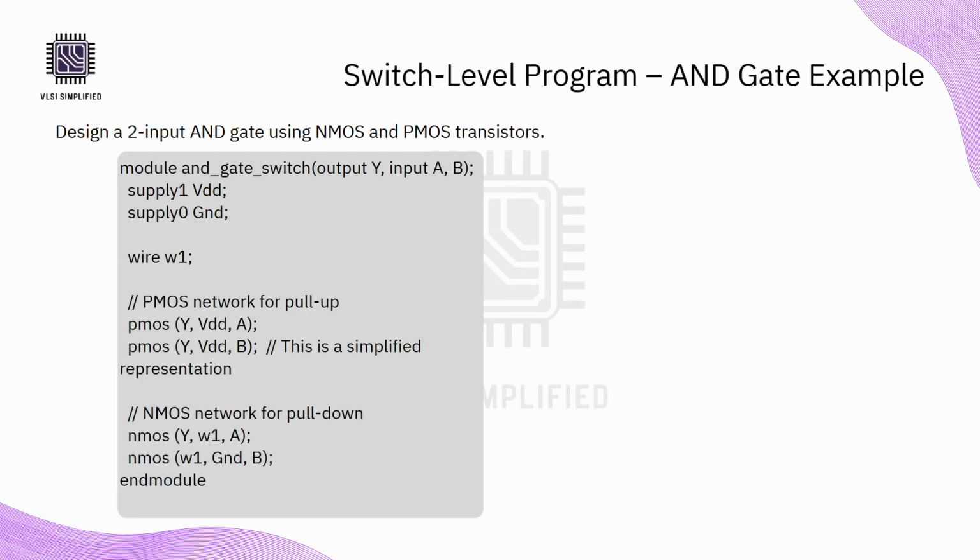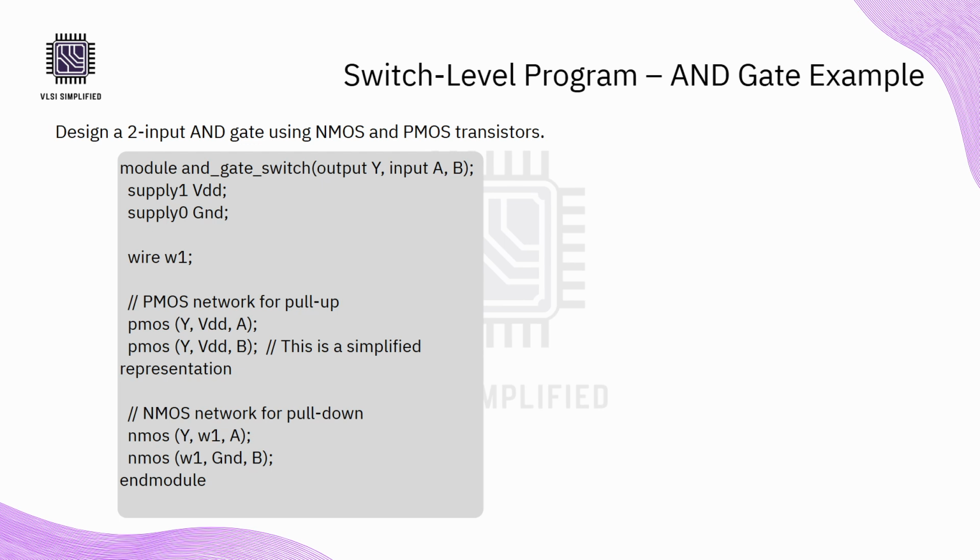So here's how we can write an AND gate using switch level modeling in Verilog. We first define VDD and GND, that is ground, using the supply1 and supply0 keywords. They represent power and ground. Then we use PMOS and NMOS primitives to build the logic.